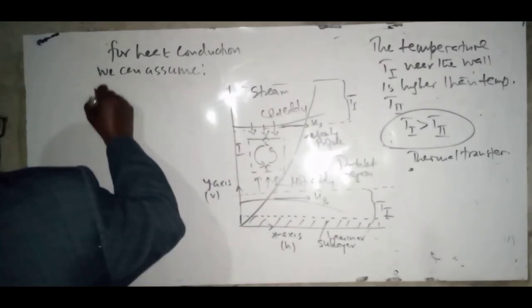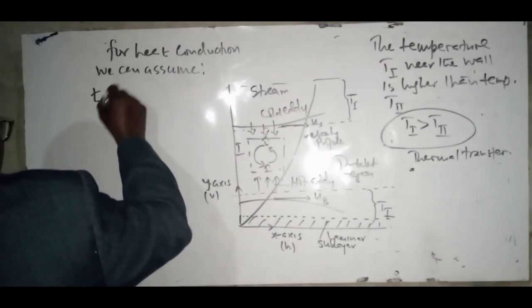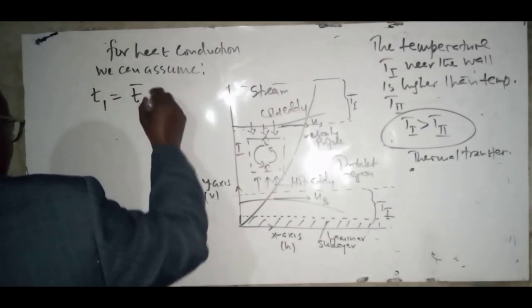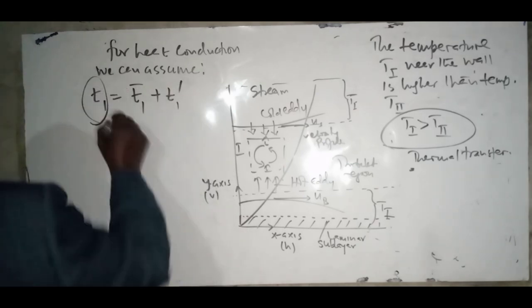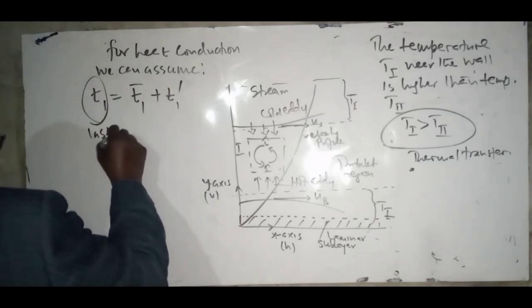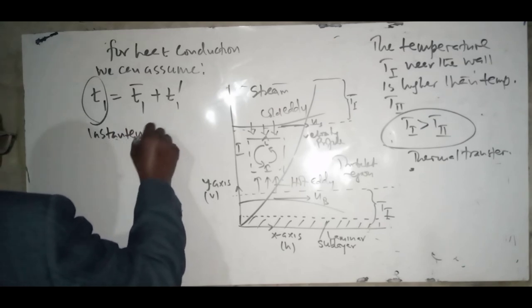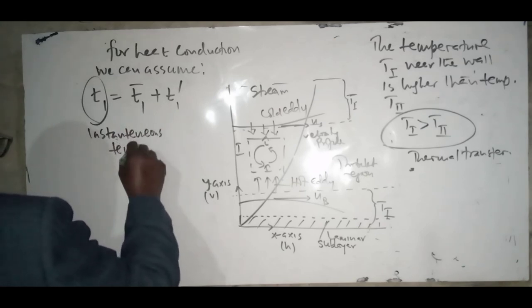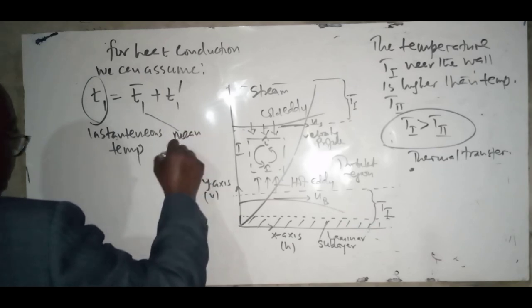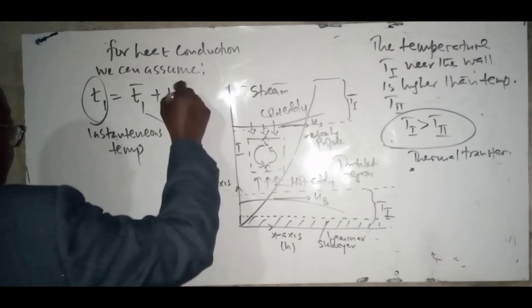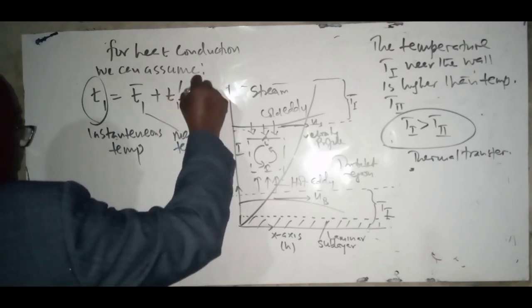We can assume T1 is T bar plus T1 prime, where again T1 is instantaneous temperature, T bar is mean temperature, and this is the temperature due to fluctuations.